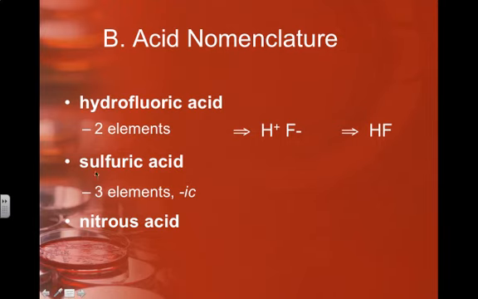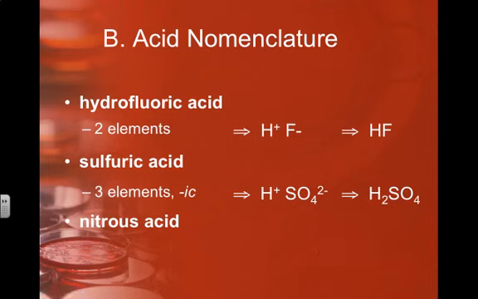But this has no hydro prefix, which means it has to have a polyatomic. Since it ends in ic, it's going to be sulfate. Hydrogen has a +1 charge, sulfate is -2. When we put the formula together, we switch the charges. It should be H2SO4.